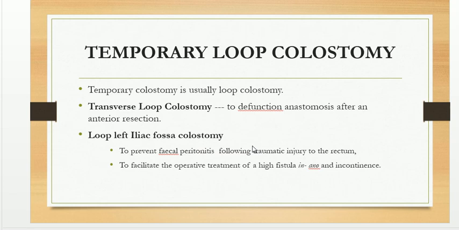There are cases where incontinence occurs, for example a traumatic laceration at the level of the anal verge, anal sphincter damage. We can do a loop left iliac fossa colostomy. So these are the indications of temporary loop colostomy.